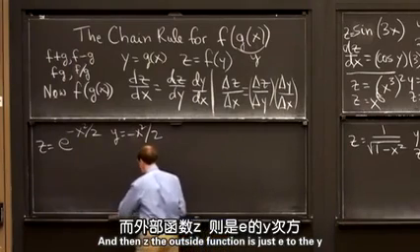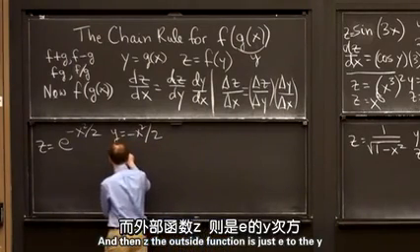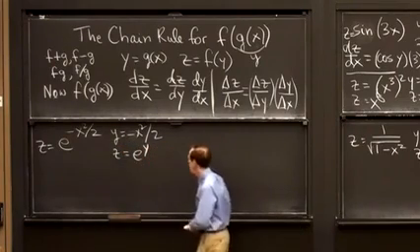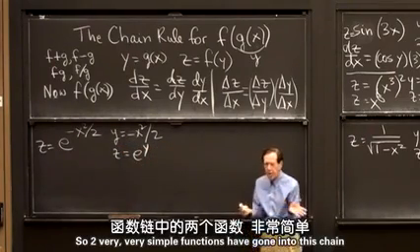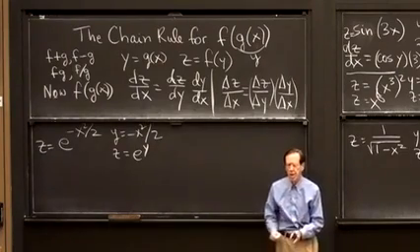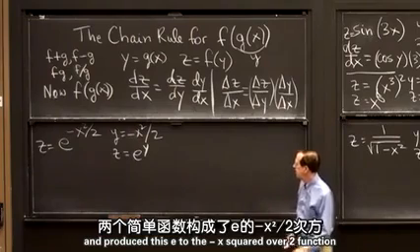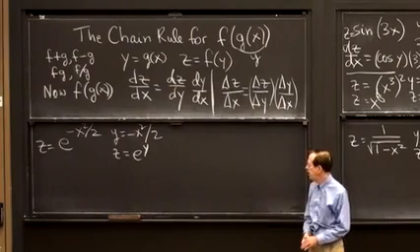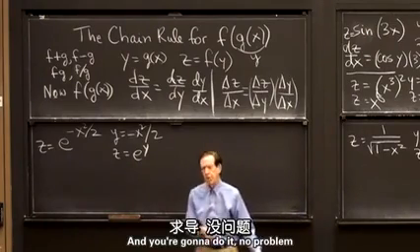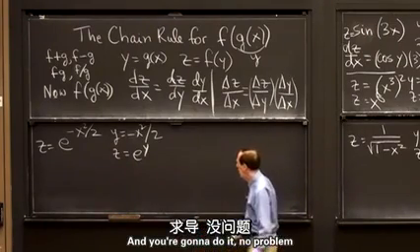And then z, the outside function, is just e to the y, right? So two very, very simple functions have gone into this chain and produced this e to the minus x squared over 2 function. Okay, I'm going to ask you for the derivative, and you're going to do it, no problem.